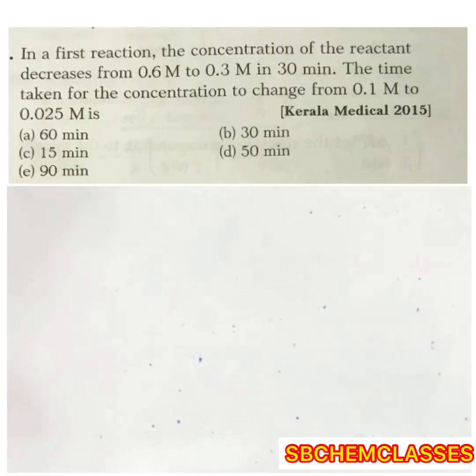In a first order reaction, the concentration of reactant decreases from 0.6 to 0.3 in 30 minutes. The time taken for the concentration to change from 0.1 to 0.025.